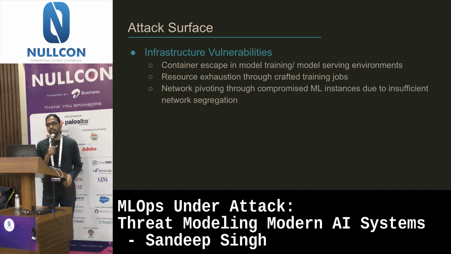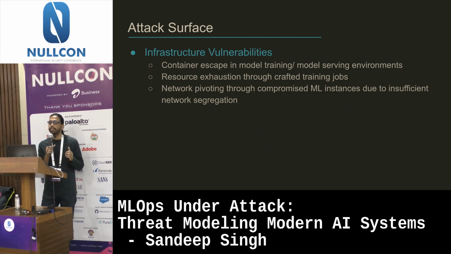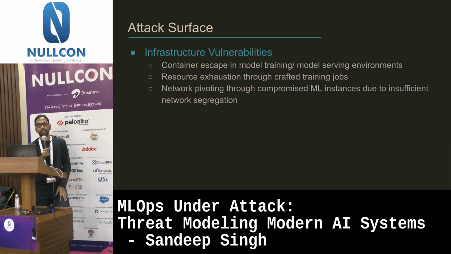Infrastructure issues: again, container escapes in model training and model serving environments. This seems like an area of very interesting research, because a couple of platforms have already disclosed issues where people have found that the way they deploy models from an inference perspective is not at all how you would expect.